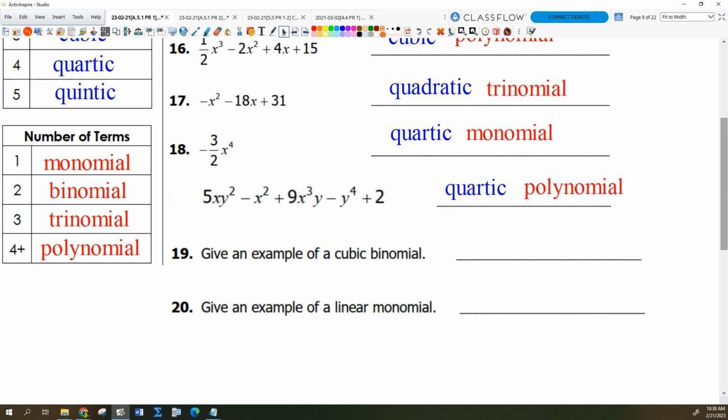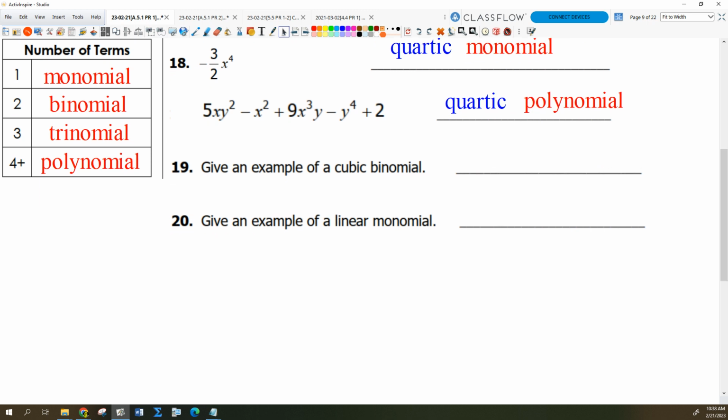Okay, I want just an example of a cubic binomial. Just any example. 6x cubed plus 5x. Good. That works. Okay. Oh, and give me another one. Cubic binomial. Say it again.